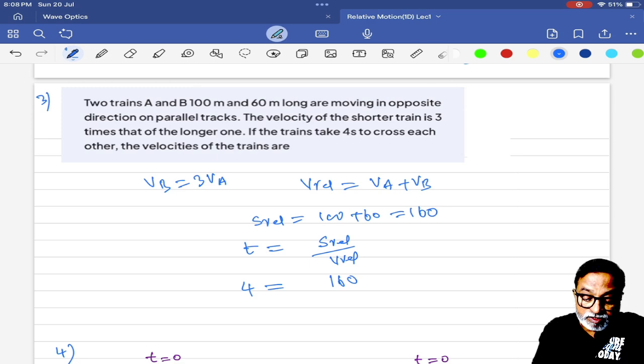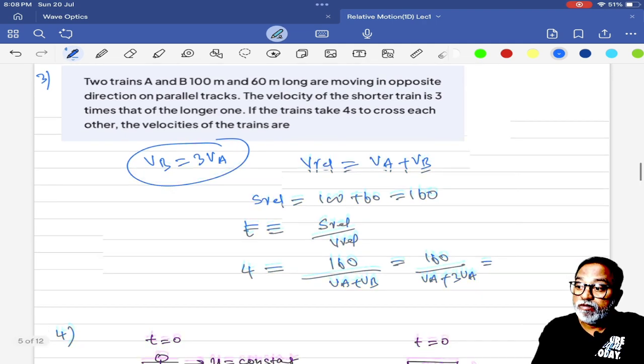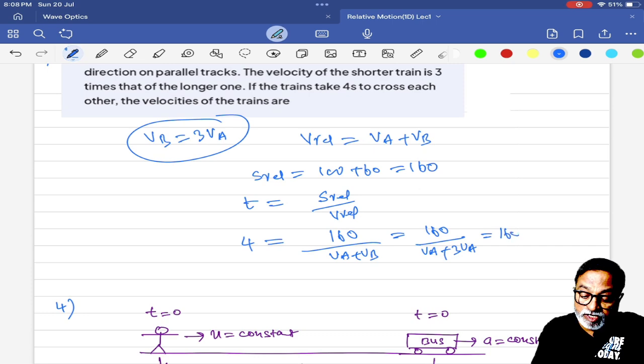S rel is 160 by VA plus VB. That is equal to 160 by VA plus VB, and VB is 3 VA. Therefore 160 by 4 VA, and 160 by 4 is 40.